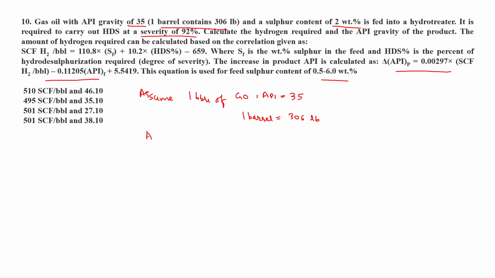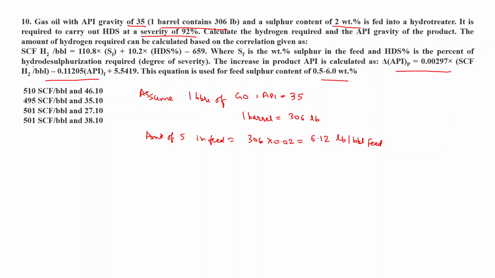So the amount of sulfur in feed can be given by 306 into 2%, which is 6.12 pounds per barrel feed.